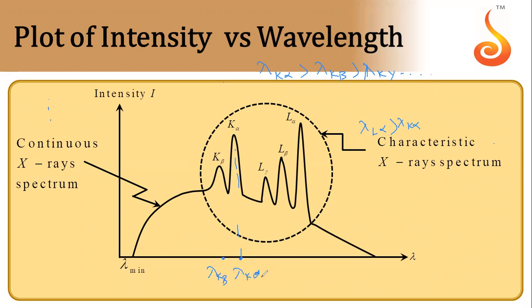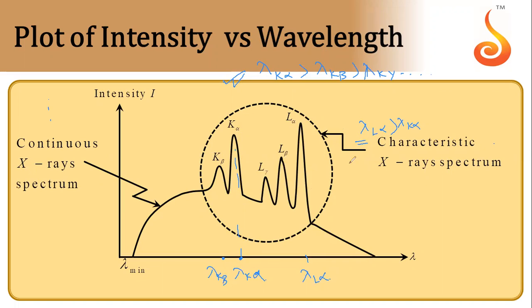So the wavelength of K alpha is greater than the wavelength of K beta. That's what we had actually found. Similarly, the wavelength of L alpha and the wavelength of K alpha, which of these two is greater? As you can see, the wavelength of L alpha is greater than the wavelength of K alpha.